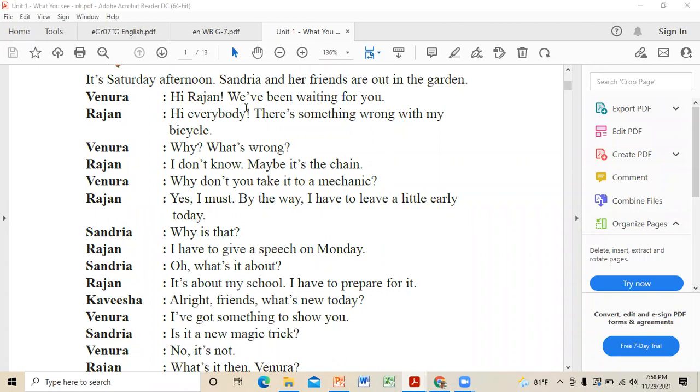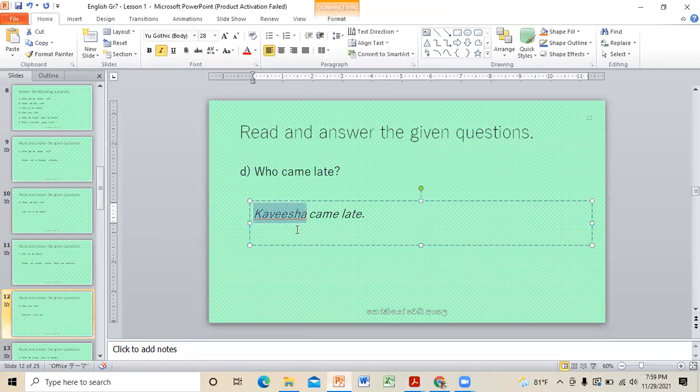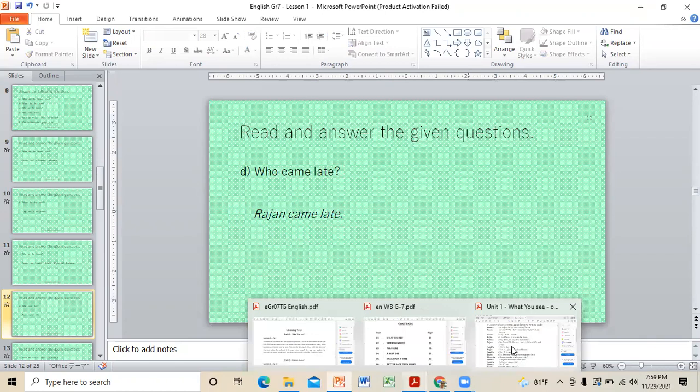Yes, it's Rajan, right? So it is here. So it's my mistake, right? So yes, correct, Ishini. So it's Venura says, we've been waiting for you, right? So that means Rajan has been late, right? Okay, so I'm wrong. So Rajan came late. Yes, so Ishini gave the answer correctly.